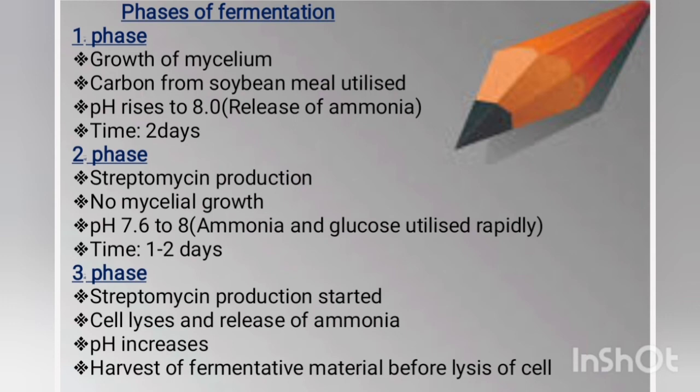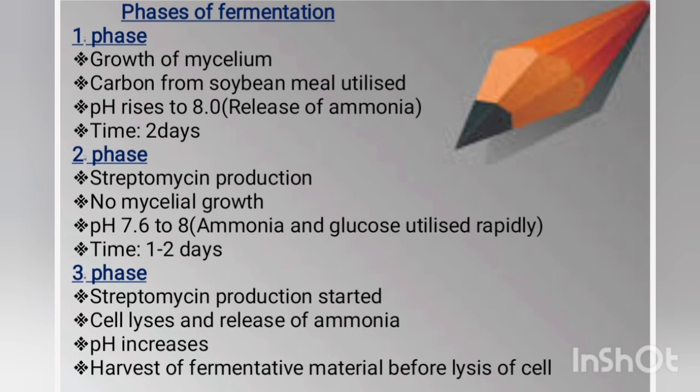Then the final phase, that is phase 3. In phase 3, the sugar level is depleted, thereby the production of streptomycin stops. As a result, the cells lyse and release ammonia. The release of ammonia again increases the pH of the media.